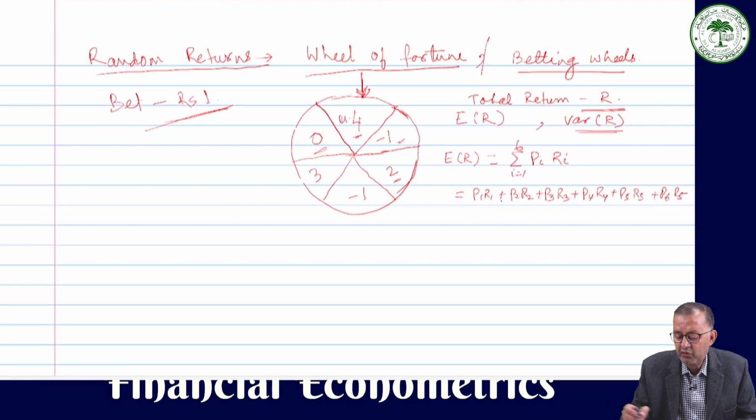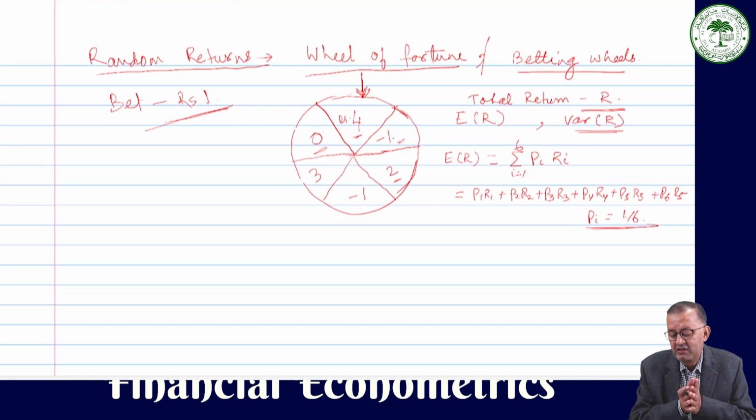Since the Pi's are equal, each is equal to 1/6, because each area of the spin we have assumed to be equal parts, that we have already assumed. So what is the expected value of R?